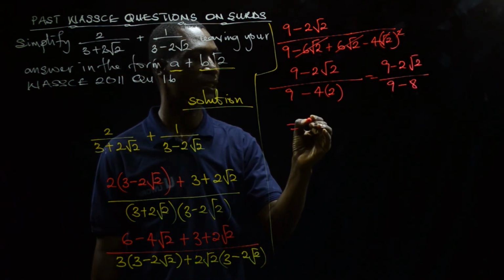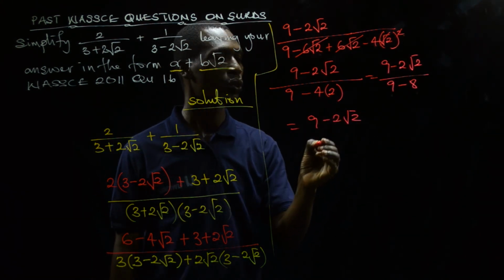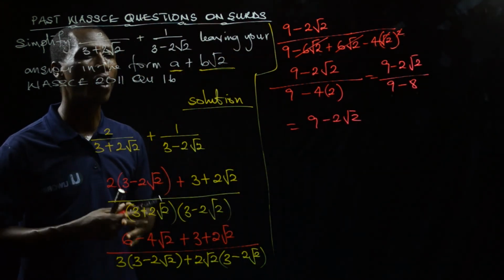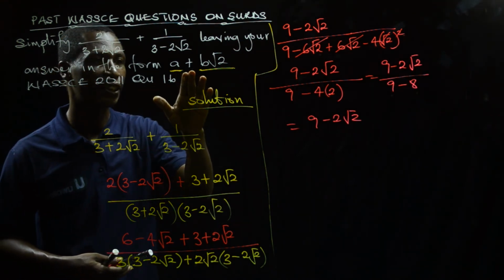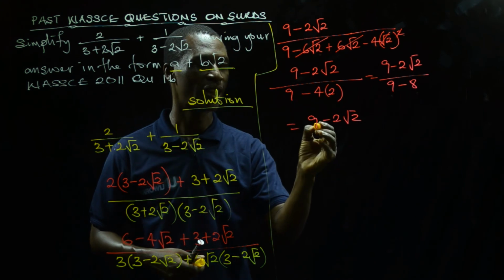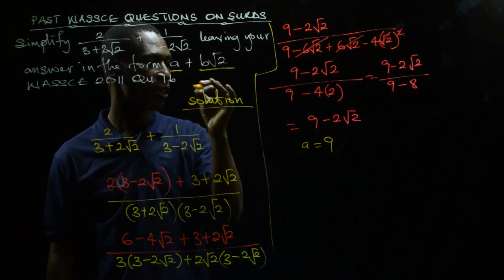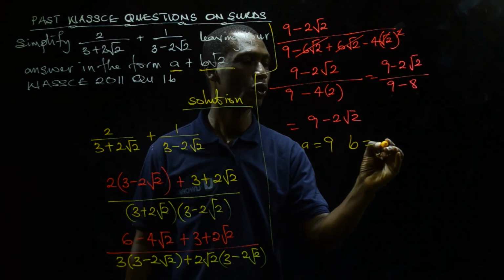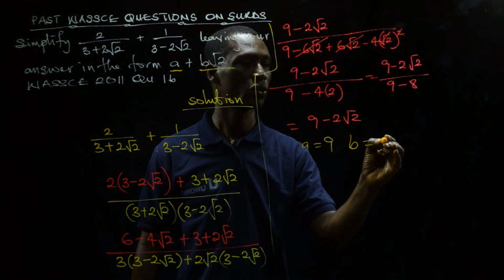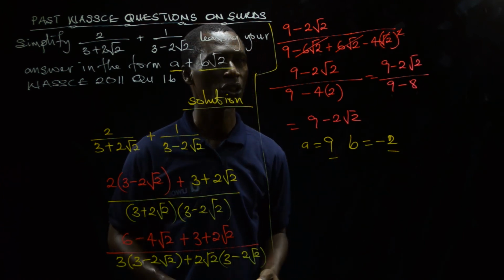So I'm going to get 9 minus 2 root 2. Good. But we are told to leave our answer in the form A plus B root 2. So the 9 is standing for A, so A is equal to 9. Then B is equal to minus 2. So this becomes the solution to the question.